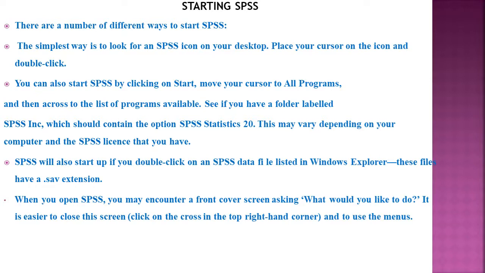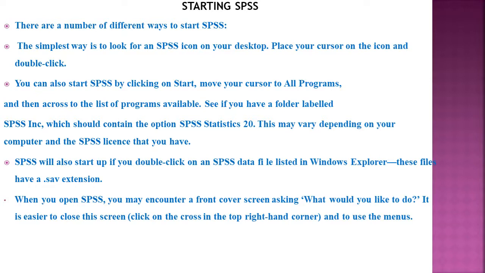clicking on the Start menu and moving your cursor to All Programs, and then across to the list of programs available, see if you have a folder labeled SPSS, which should contain the option SPSS Statistics 20.